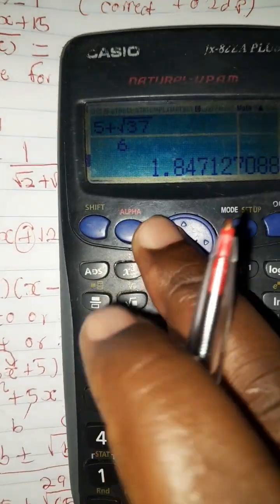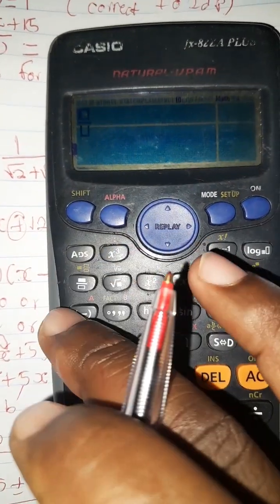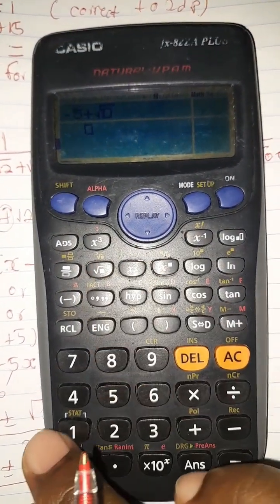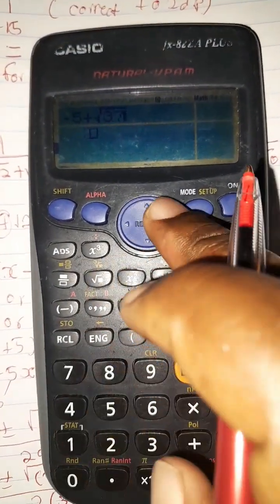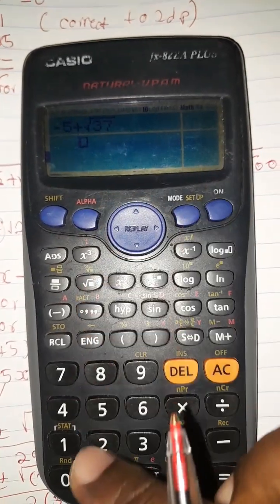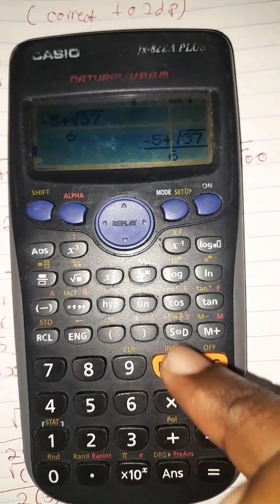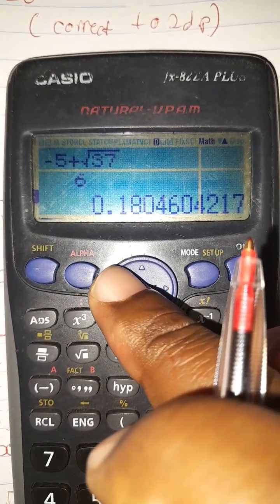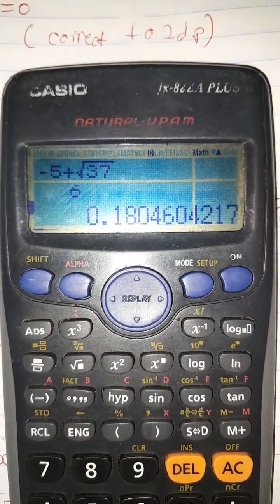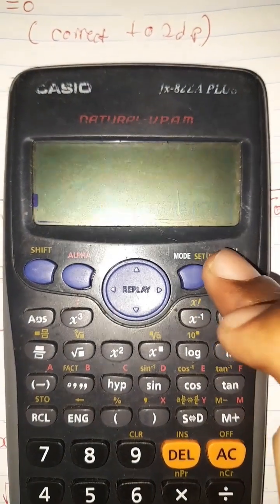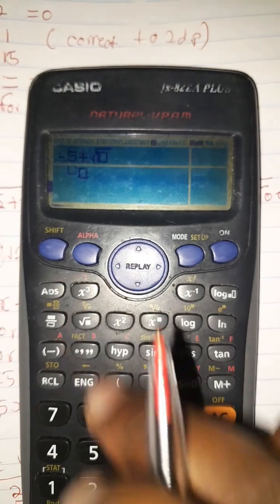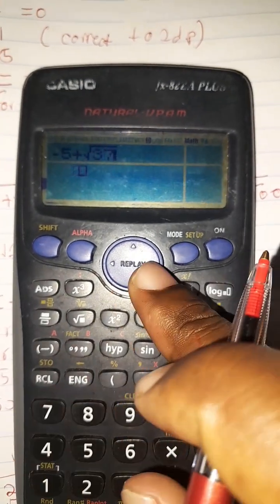Sorry for that, I made a mistake somewhere here. It's minus 5 plus root 37 divided by 6. What is that? Let's ensure that we are accurate.